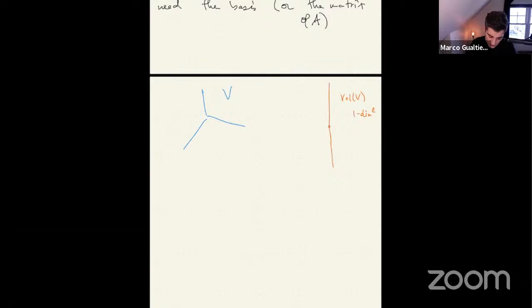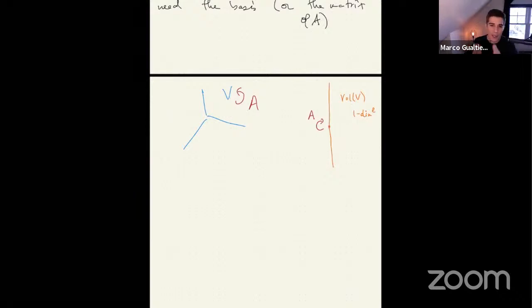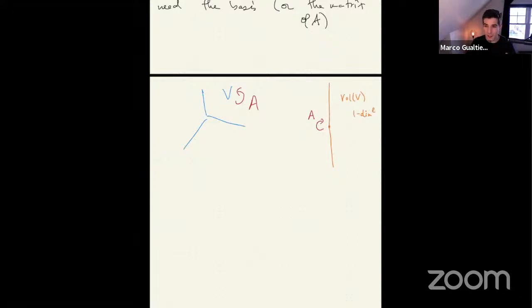Then what we have on V is an operator that acts on V, and as a result, it has an action on the volumes on V. But the volumes on V are a lot simpler than V itself. The way the operator acts on V is kind of complicated.